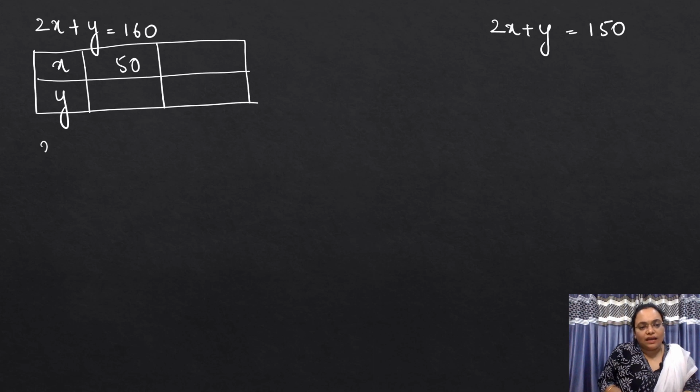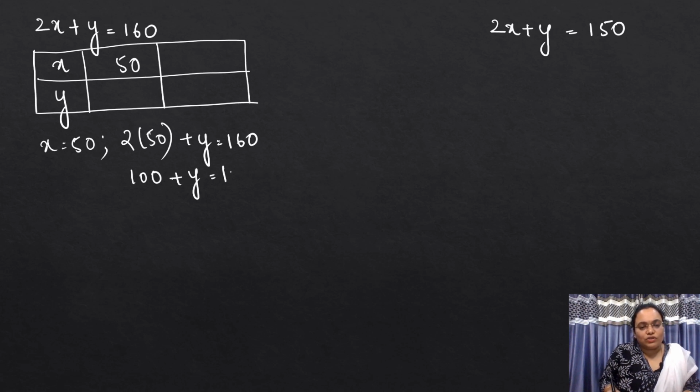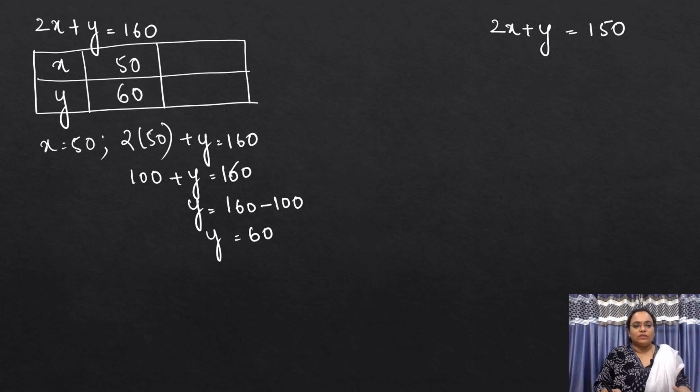If you take x equal to 50, this becomes 2 into 50 plus y is equal to 160. So 100 plus y is equal to 160, y is equal to 160 minus 100, which is 60.